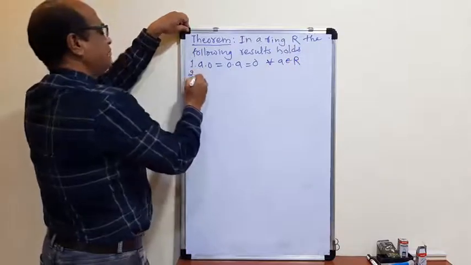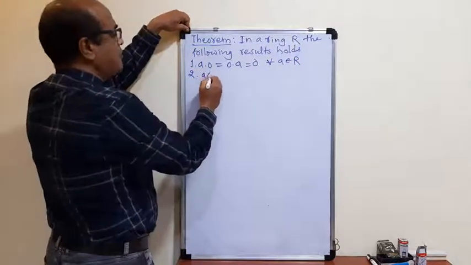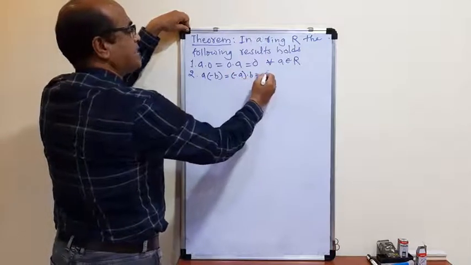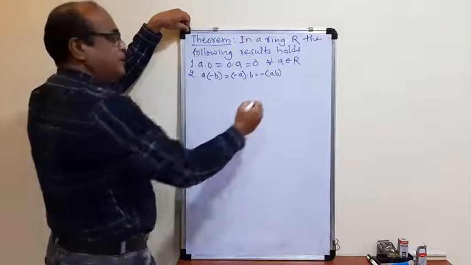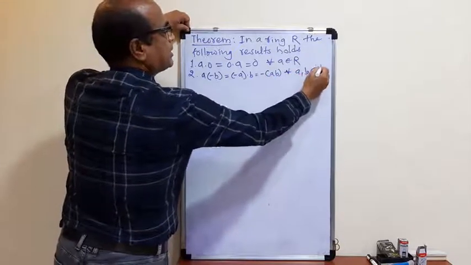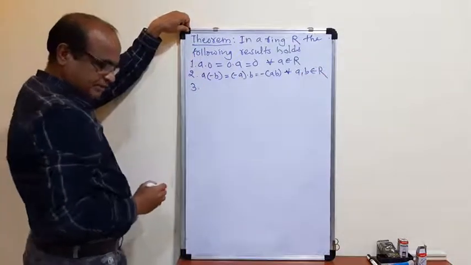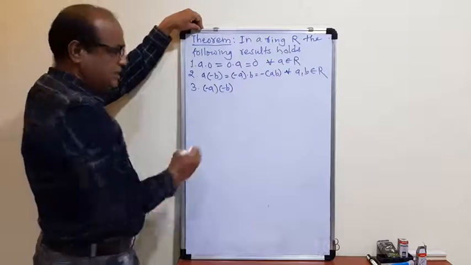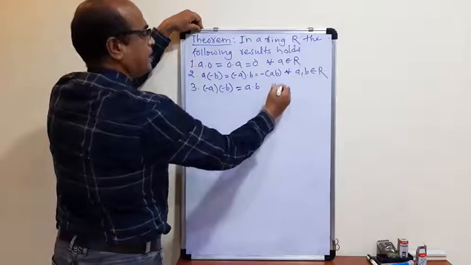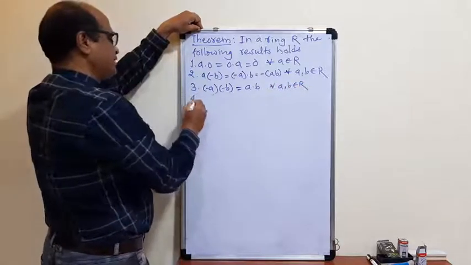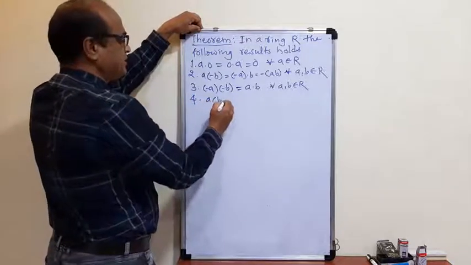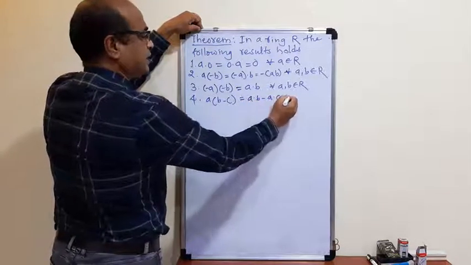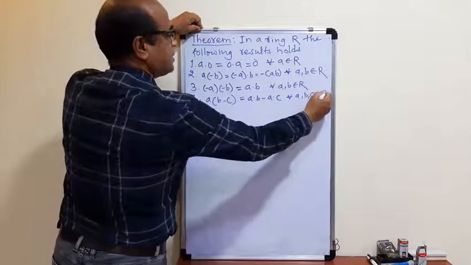Second result: A into (minus B) is equal to (minus A) into B is equal to minus AB, for all A, B belonging to R. Third result: (minus A) into (minus B) is equal to A into B, for all A, B belonging to R. Fourth result: A into (B minus C) is equal to A into B minus A into C, for all A, B, C that are elements of the non-empty set R.